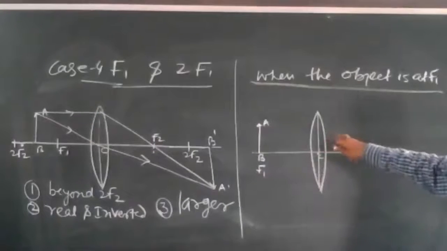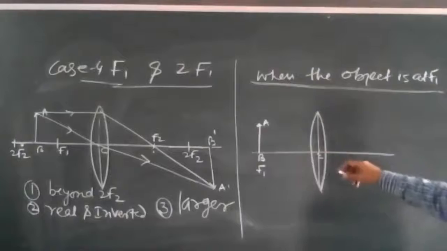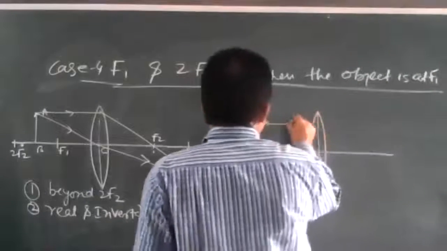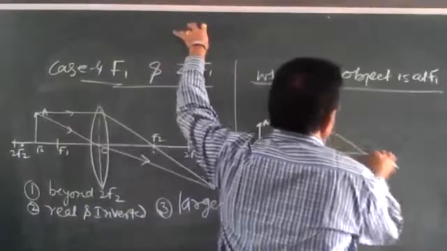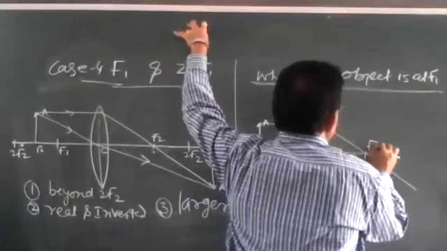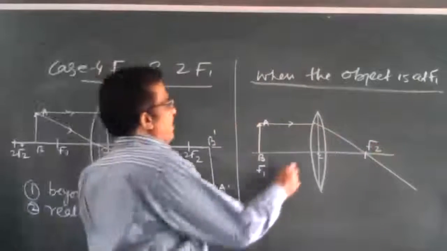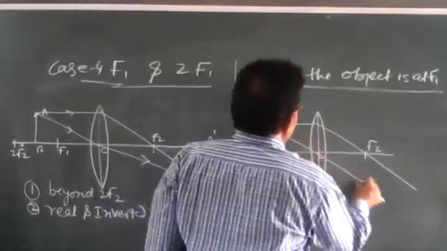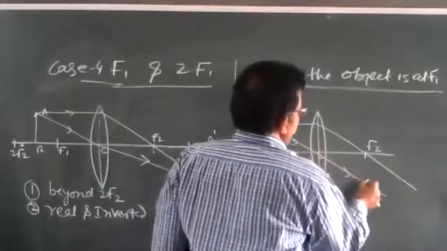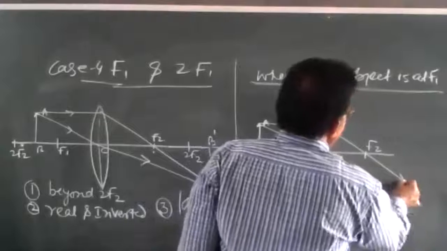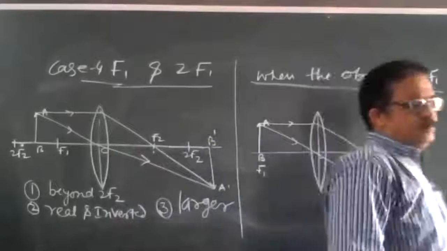You can see here a ray parallel to the principal axis passes through the focus on the other side, and another ray going through the optical center goes straight. So we are getting the image at infinity.